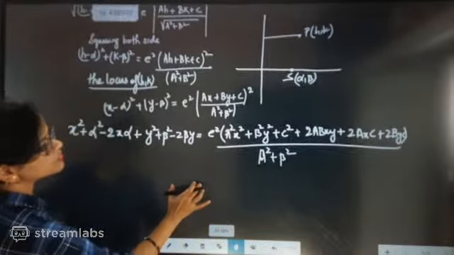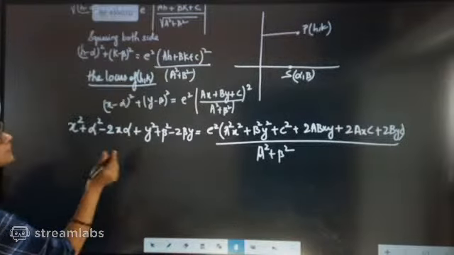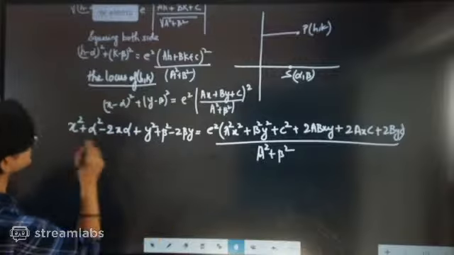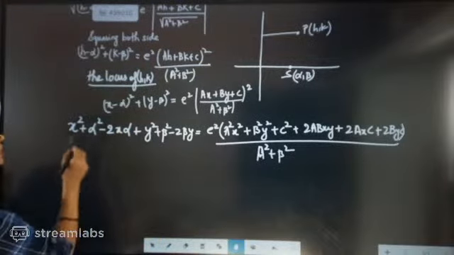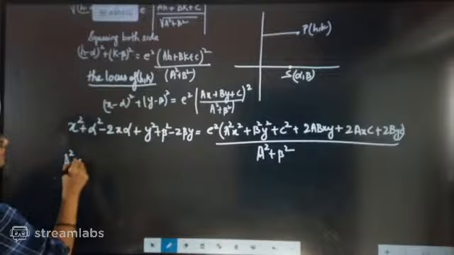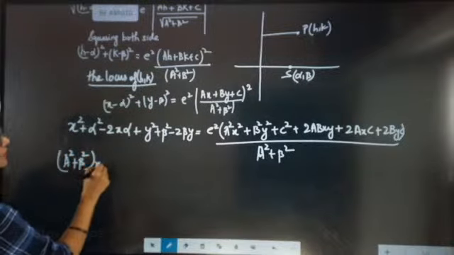So I'm just going to do one small step. First, the x square terms: this part is x square, this part is x square. So when multiplied, it comes as a square plus b square times x square.